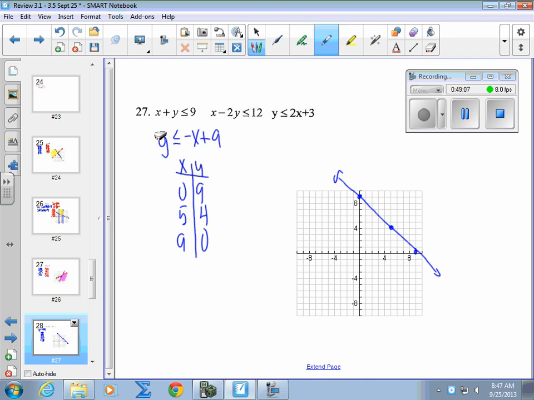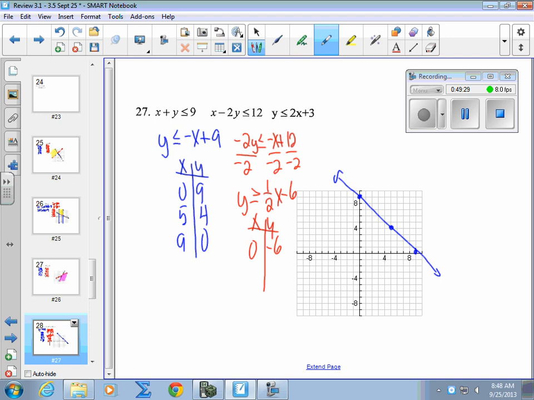Next equation, I had negative 2y is less than or equal to negative x plus 12. I divide by a negative number. What am I going to do to the inequality? Flip it. So y is greater than or equal to 1/2 x minus 6. If I plug in 0, I get negative 6.